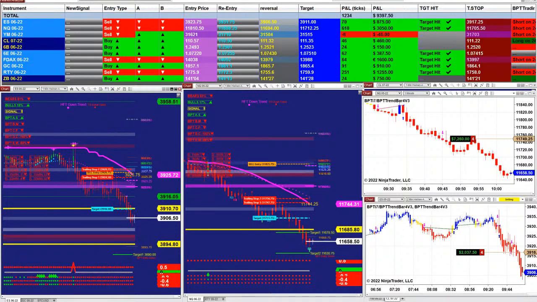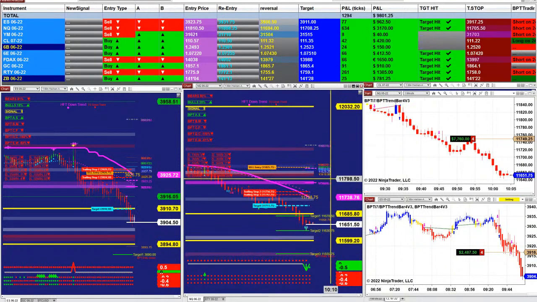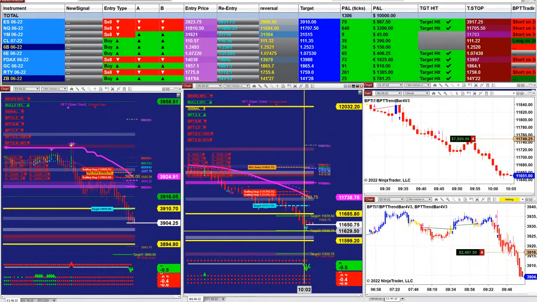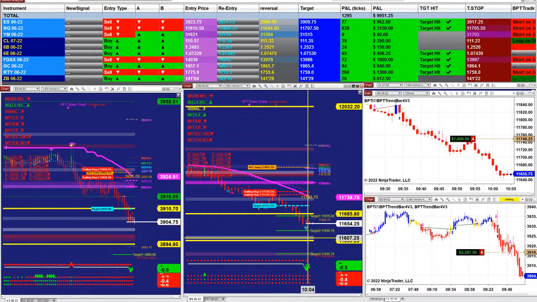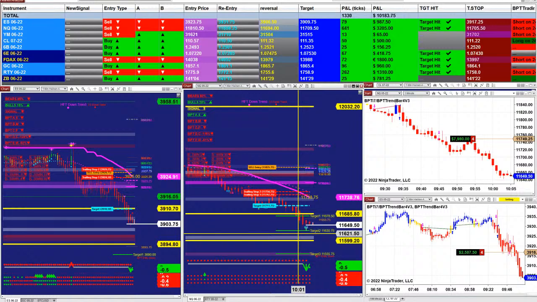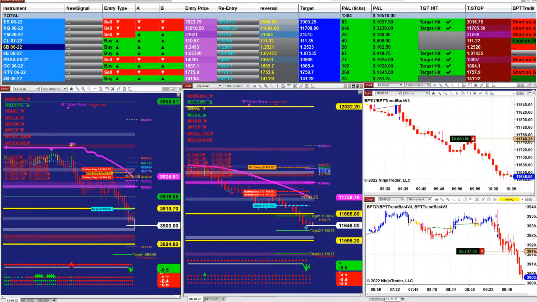Again, the short trade is over on the ES, and the Nasdaq has hit the target too, and we are about to finish a round on the Nasdaq 11607. So again, the market is scary.